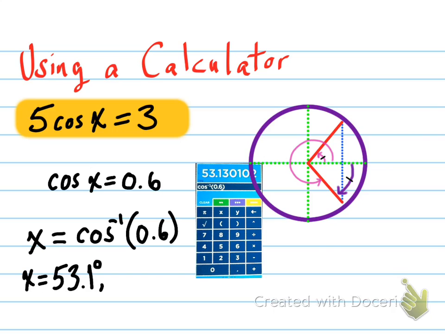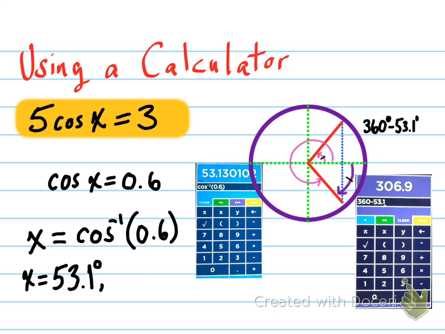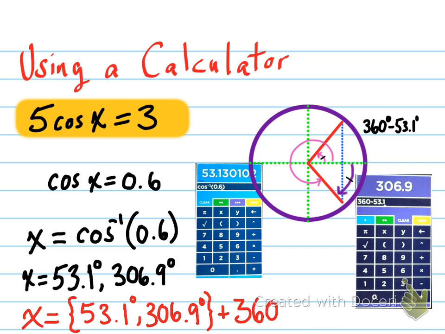So this suggests that maybe all we have to do to find that other angle is take 360 degrees and subtract the answer that we got from the calculator. And in fact, that is what you do. So 360 minus 53.1 is 306.9 degrees, and there's our answer. X equals the set of 53.1 and 306.9 plus 360k.